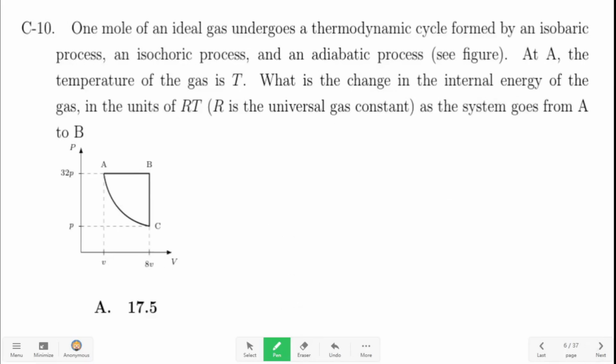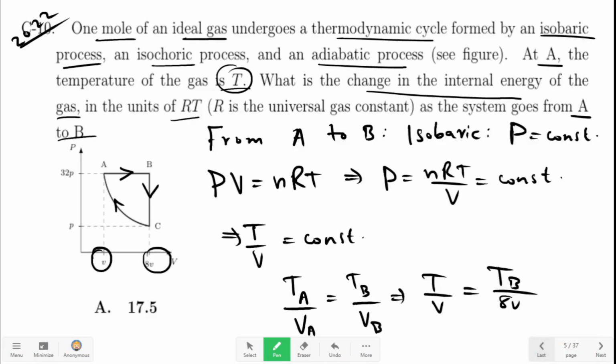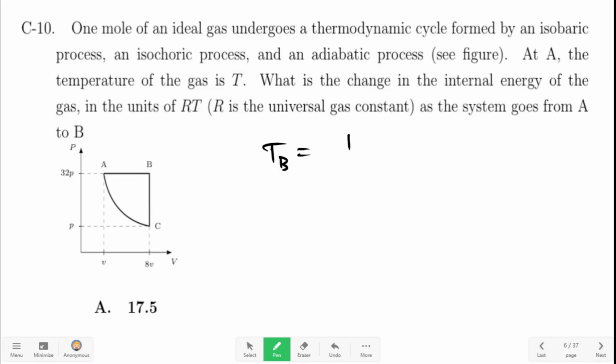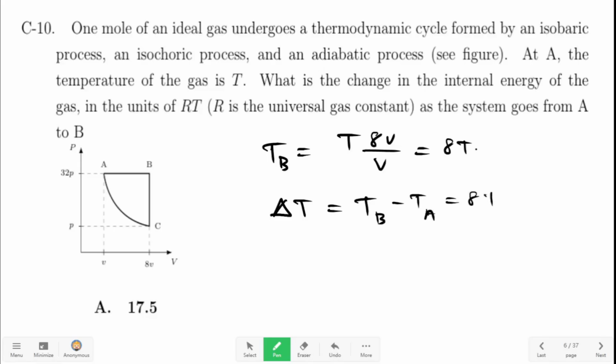Therefore we have TB is equal to T times 8V divided by V, which is equal to 8T. Therefore the change in temperature here when we go from A to B is TB minus TA, which is equal to 8T minus T, which is equal to 7T.